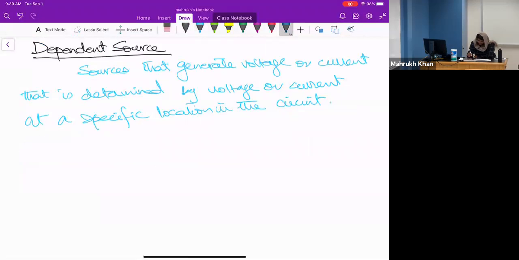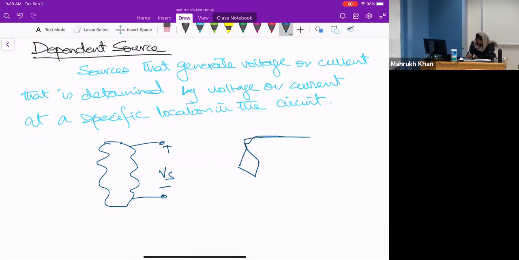So if we draw them, if this is Vs, then we represent our dependent source in diamond. So where you see a diamond form and it looks like that it's a source, it's actually a dependent source.